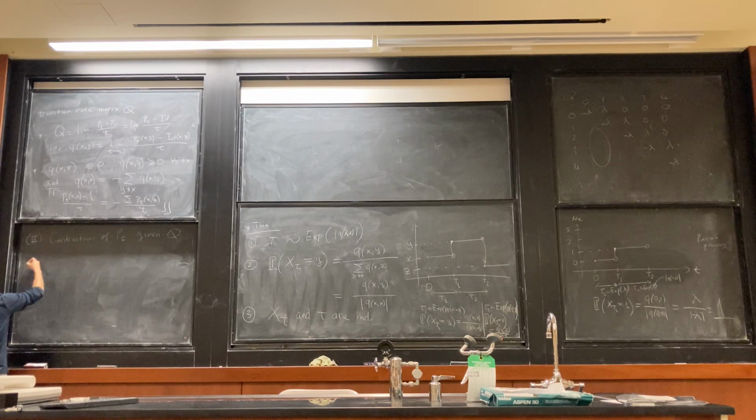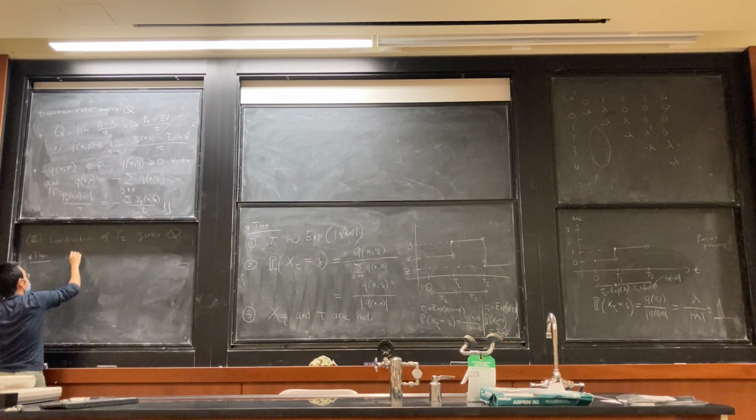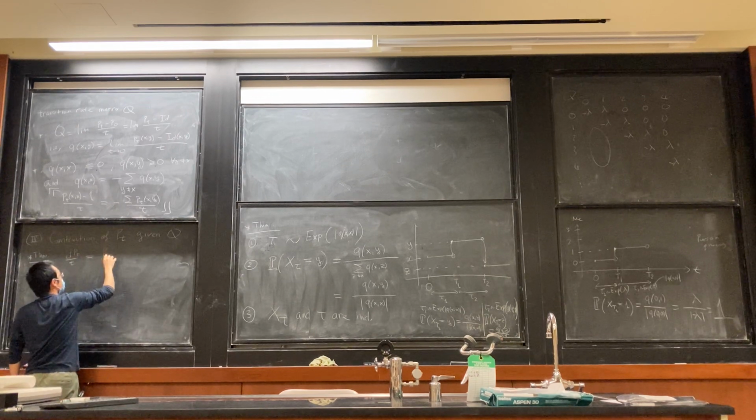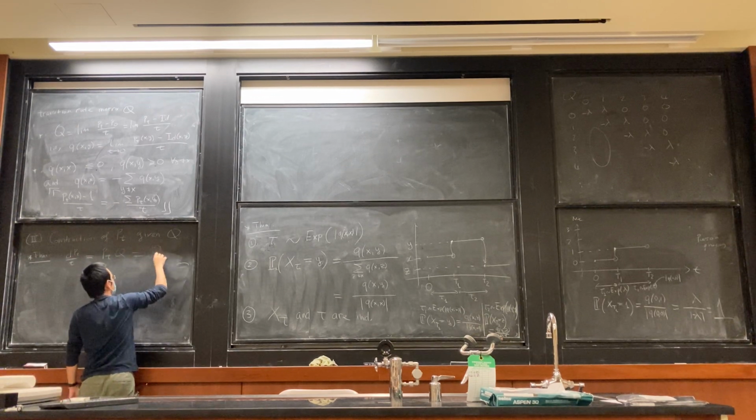So there is a theorem: we have dP_t over dt equal to P_t Q, equal to Q times P_t.